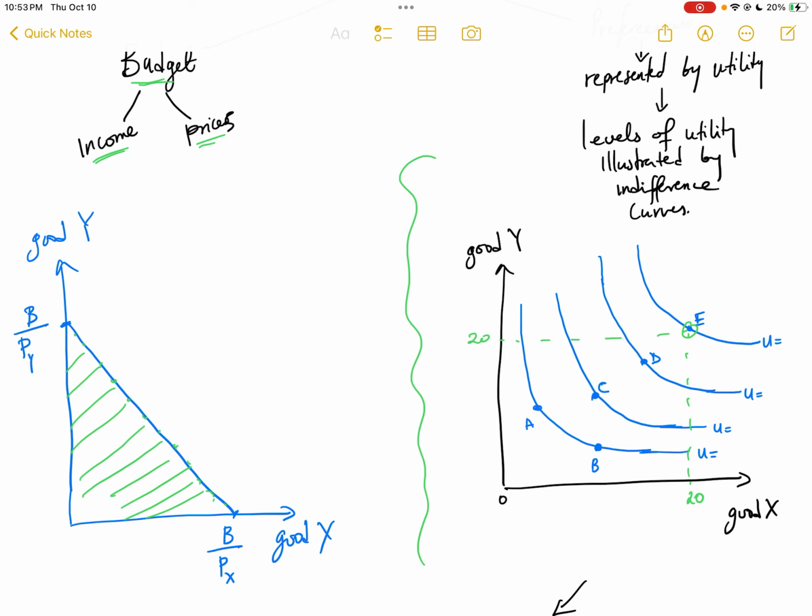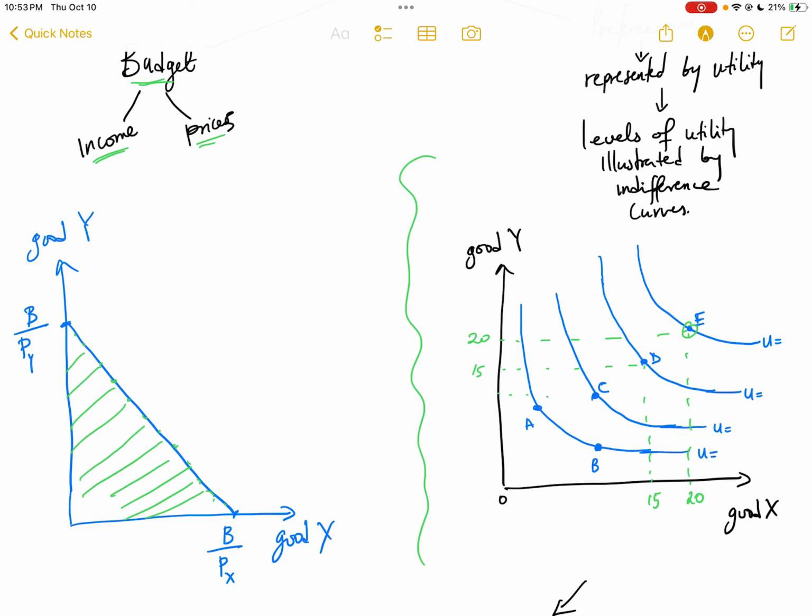So I prefer bundle E to bundle D. Now in bundle D, let's say I have 15 units of good Y and 15 units of good X. So what does this tell you? It tells you that as the consumer, more is better. I like more of good X and more of good Y. I prefer E to D.